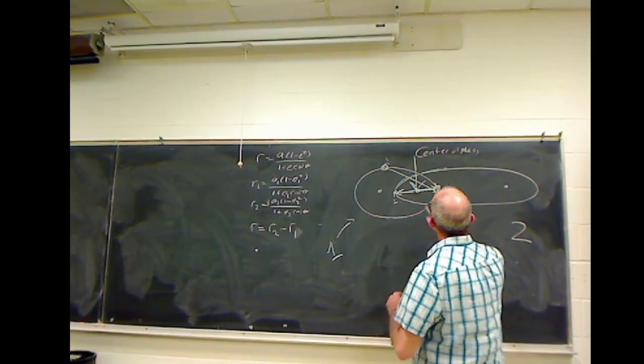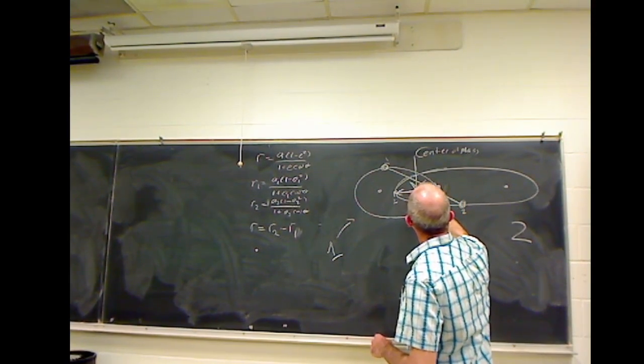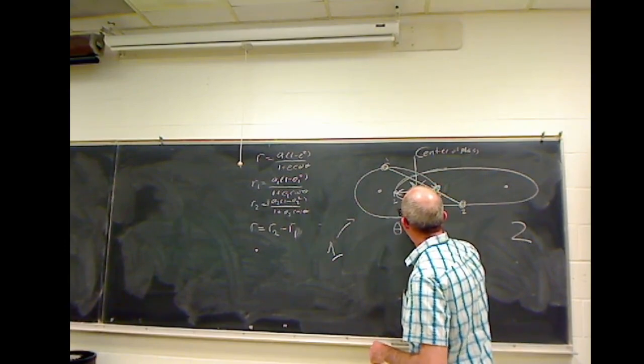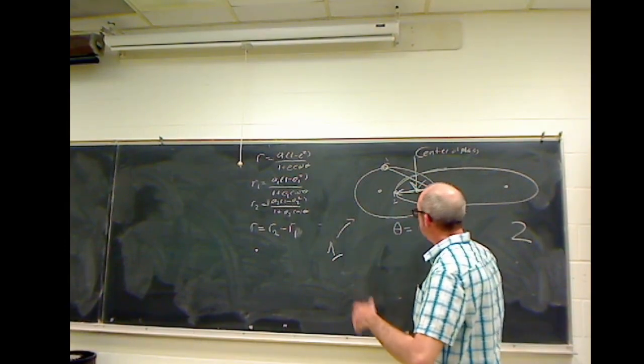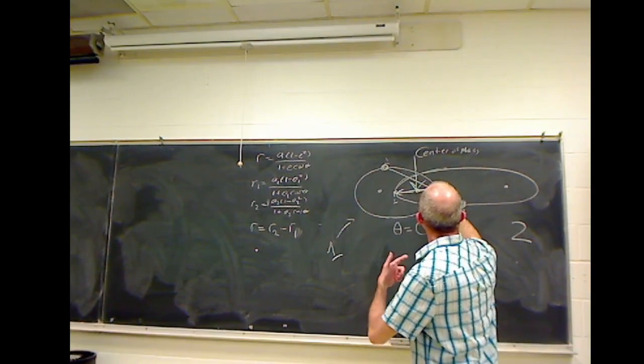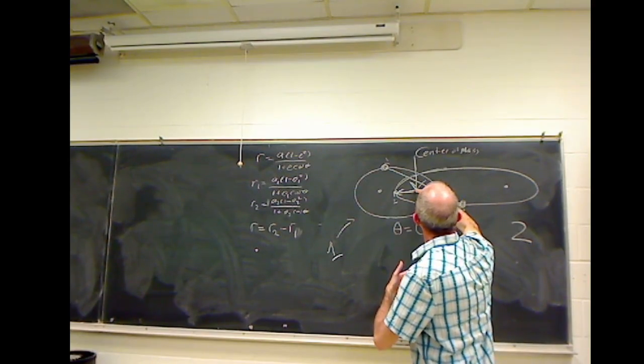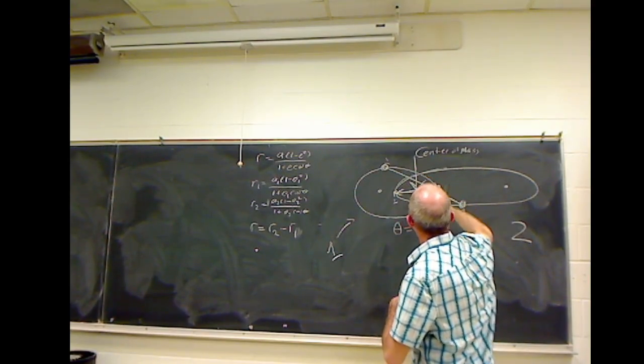Okay. So let's talk about aphelion. At aphelion, theta equals what? 0. Because theta is always relative to aphelion from the semi-major axis.